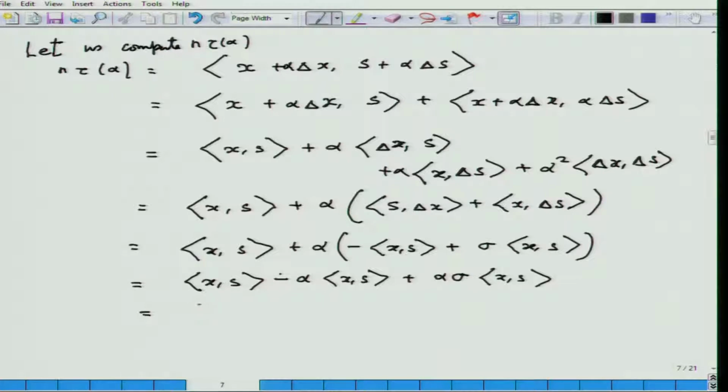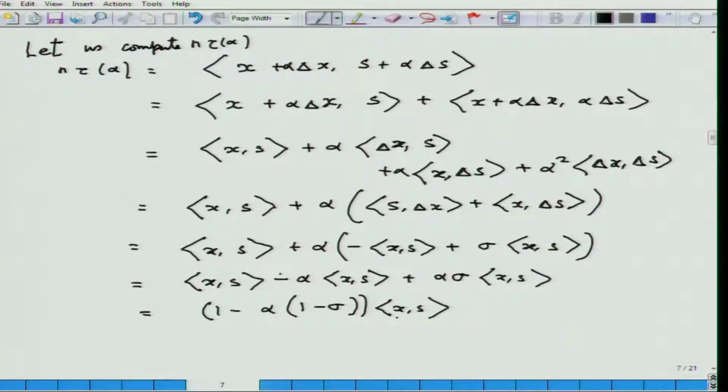So, what I can write here is x s, I can take out the x s as a common thing. So, I will have 1 minus alpha into 1 minus sigma x s.